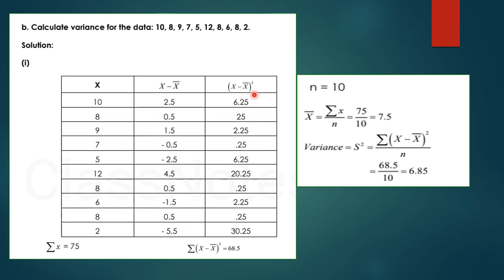So these are the values. Summation (x minus x bar) whole square is equal to 68.5. Using the variance formula, we put the value 68.5 divided by n, which is 10. So 6.85 is the variance.